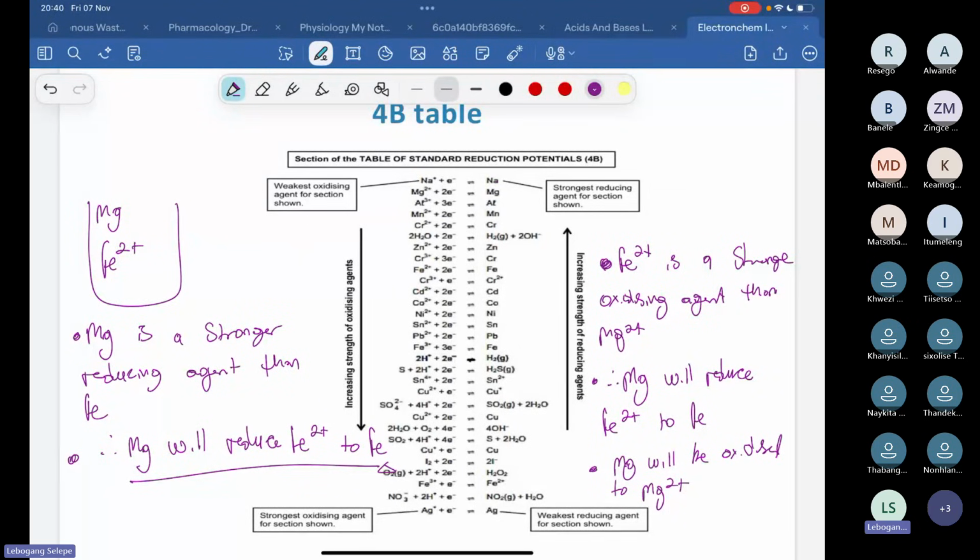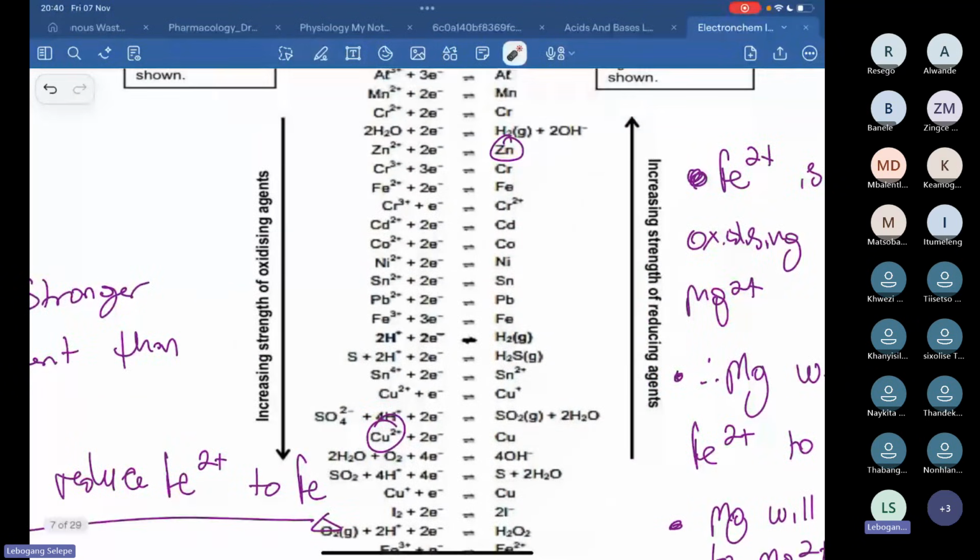Where is the Zn? Zn is here, then Cu2+ is here, right? So you'd notice that our acceptor is below the donator, right? So zinc would be able to give its electrons to Cu2+.